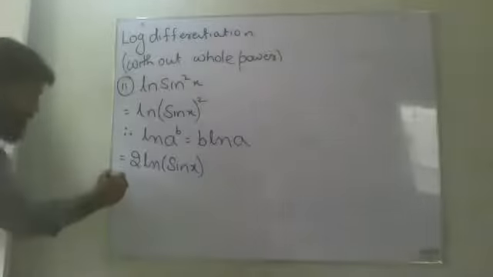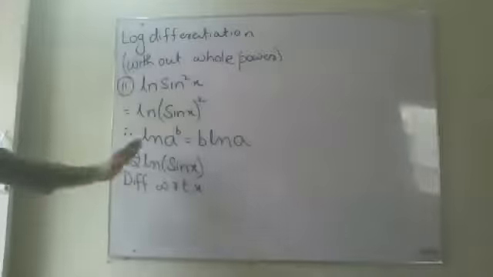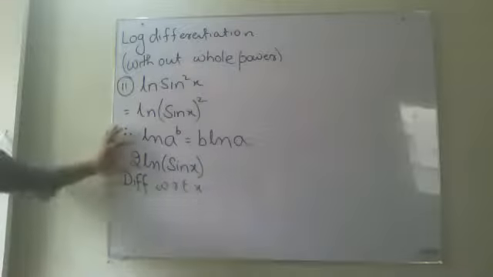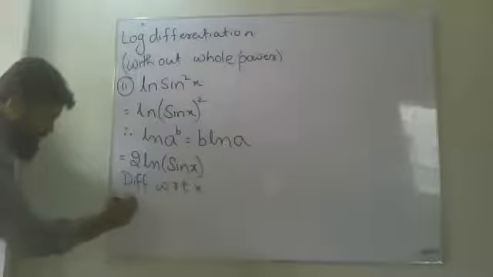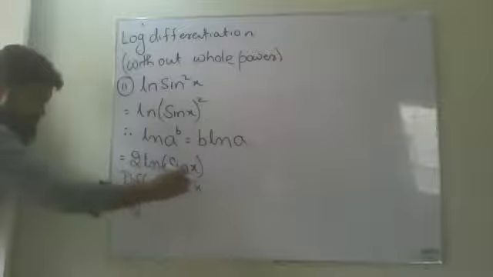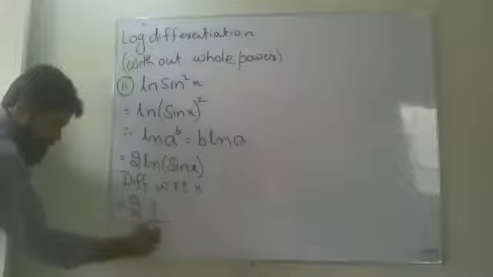After that, differentiate with respect to x. No whole power is given, so no change will come to the coefficient. Coefficient will be written as it is, ln sin x. So the differential of ln sin x will be written in reciprocal form.